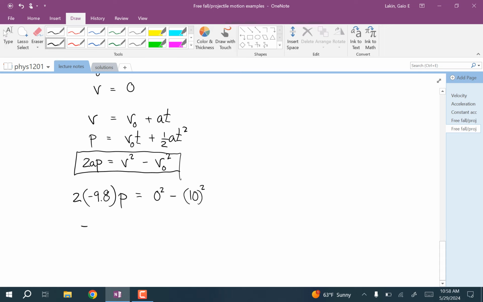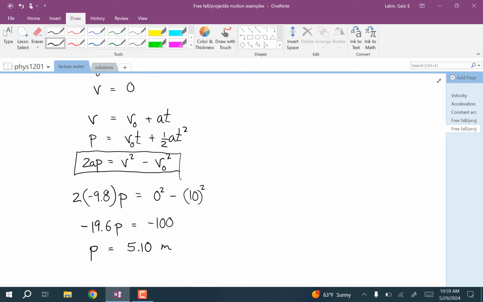So that says negative 19.6 P is equal to negative 100. Divide both sides by negative 19.6, and you get that P is 5.10 meters.